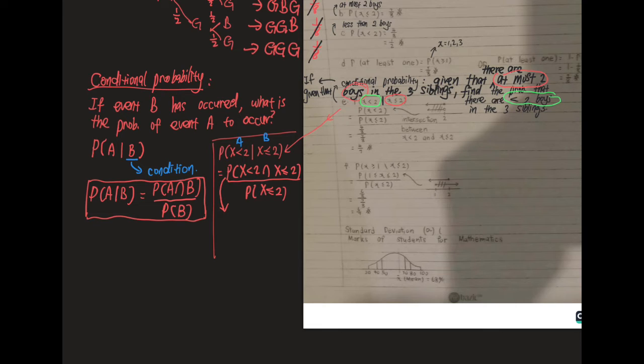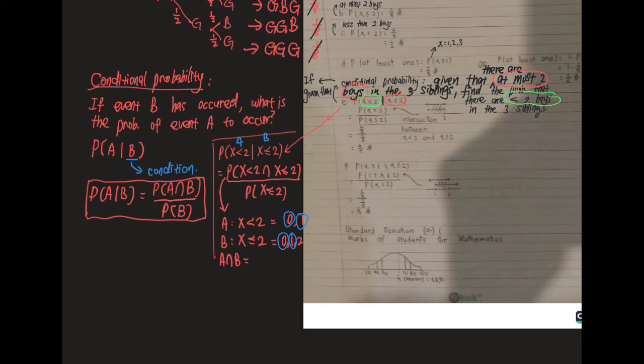Our A, which is X less than 2, is 0, 1. Our B, which is X less than or equal to 2, is 0, 1, 2. So A intersect B is basically the common ones, 0 and 1, the common values between the two events.